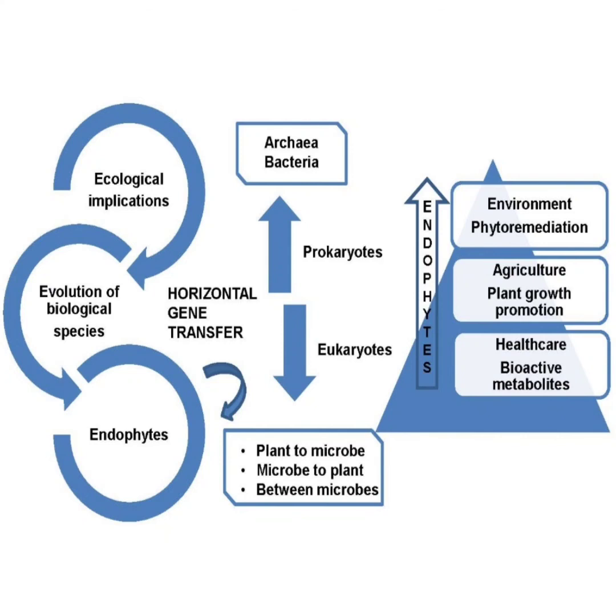This has ecological implications in the evolution of biological species and in endophytes. There is also an endophyte pyramid: healthcare, bioactive metabolites, agriculture and plant growth promotion, and environment phytoremediation.